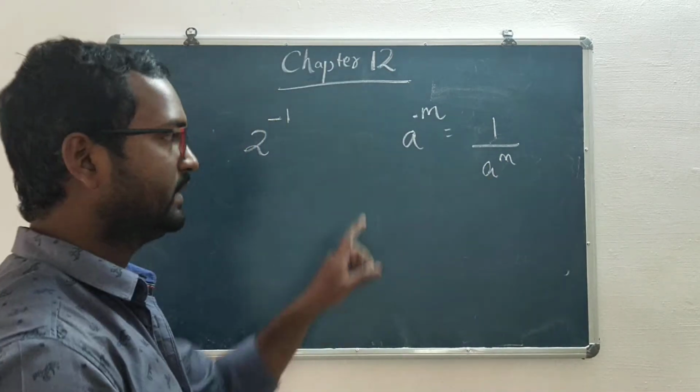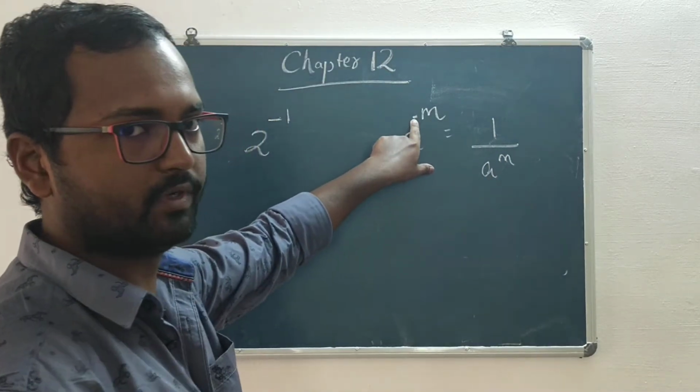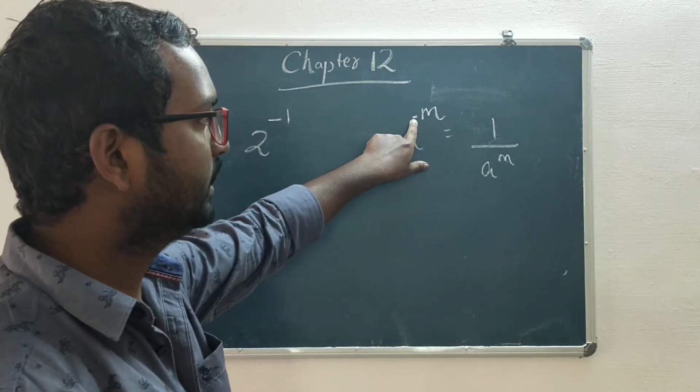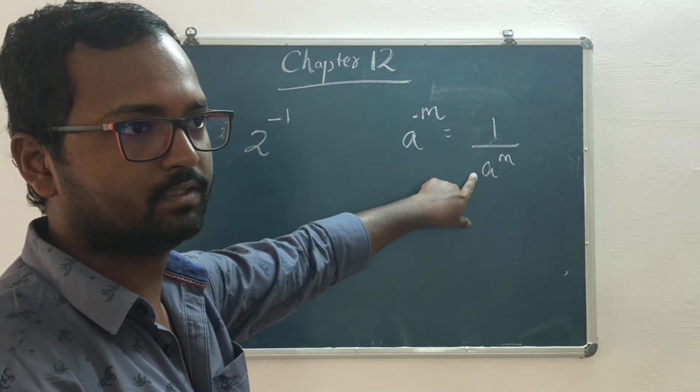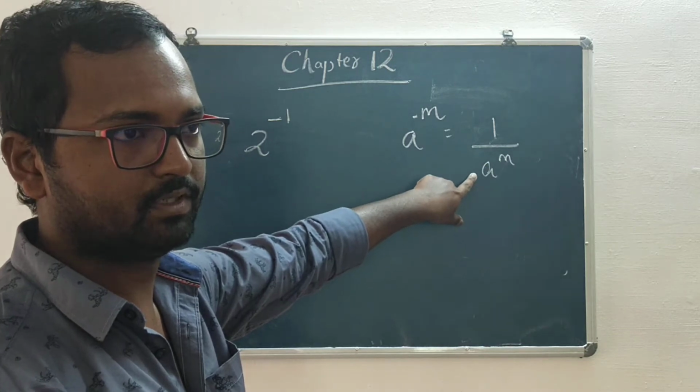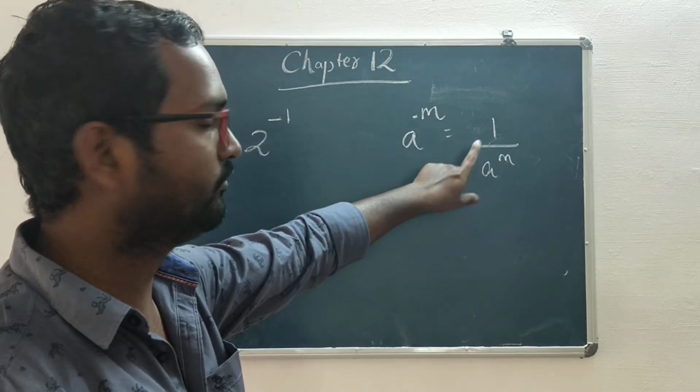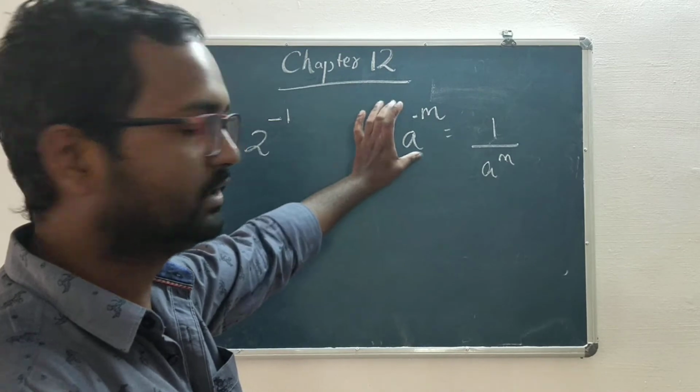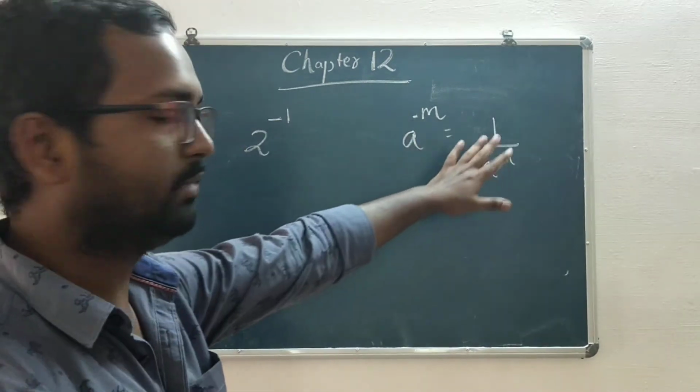So whenever there is a negative exponent, it becomes a fraction: 1 by whatever the value is, to the power n.